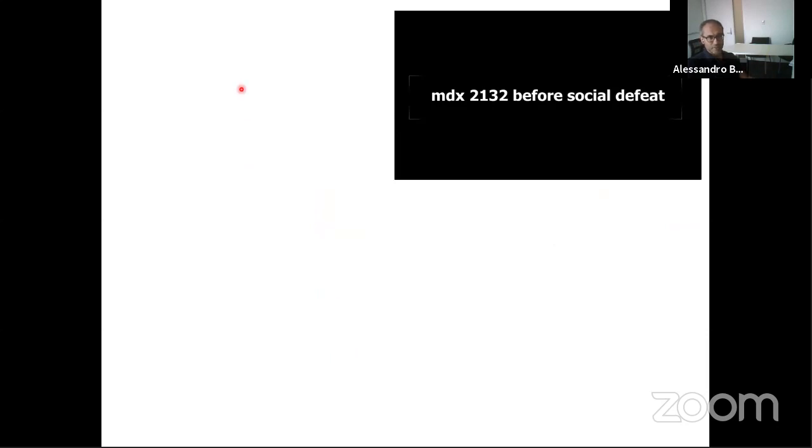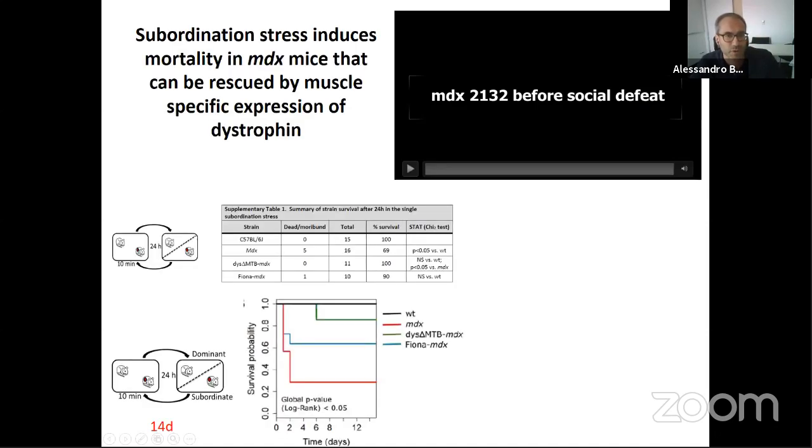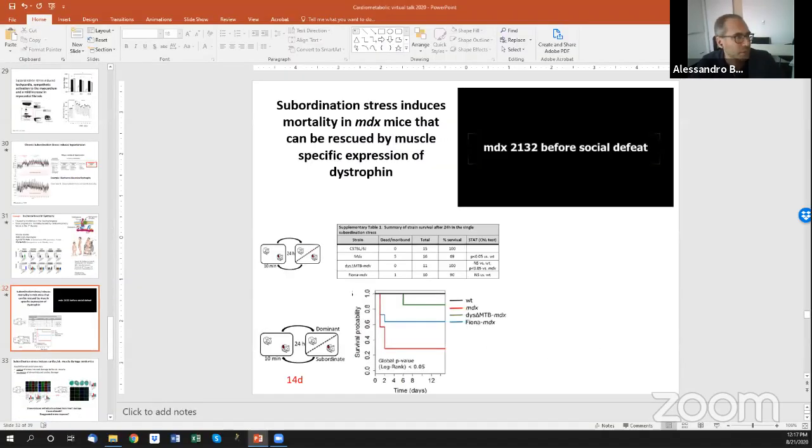So we expose these animals to social defeat. And I believe that sometimes the image speaks much more than any words. So, I went out of presentation mode. So this is this MDX mouse before the social defeat, in a white environment.